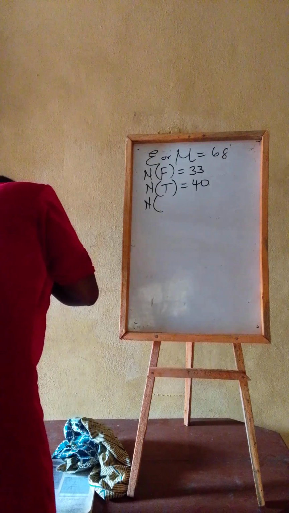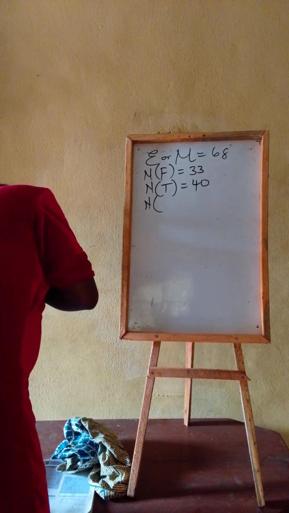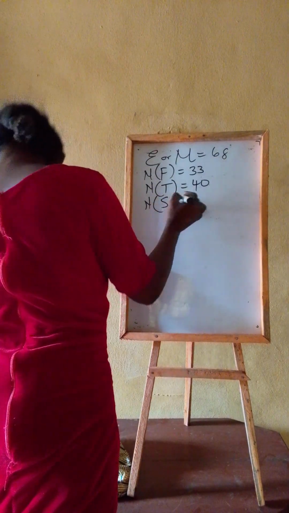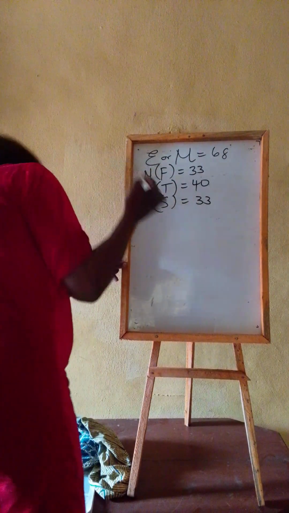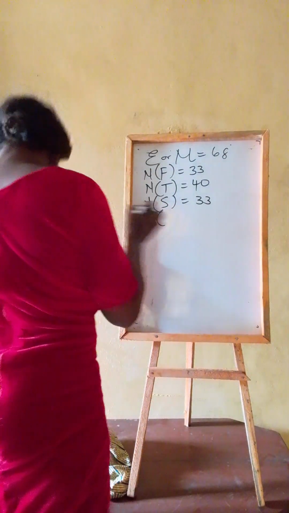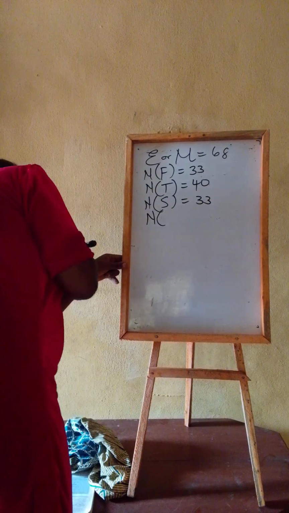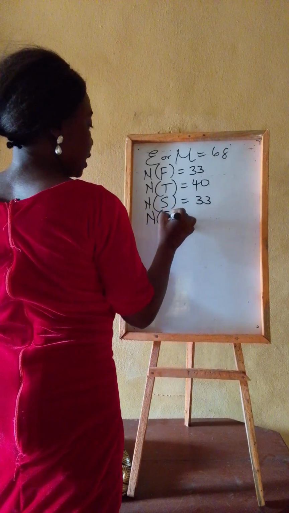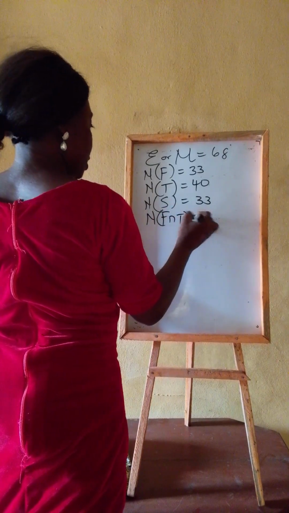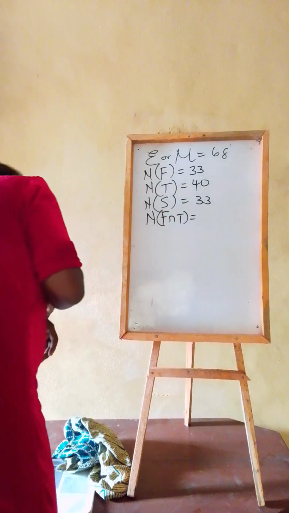The number for swimming is 33. For both feed and track, feed intersect track, is going to give us 14.